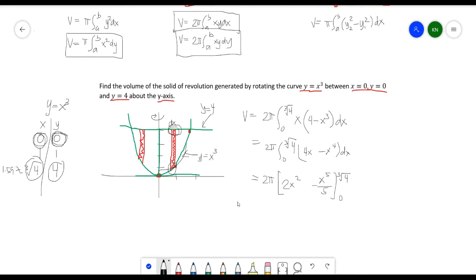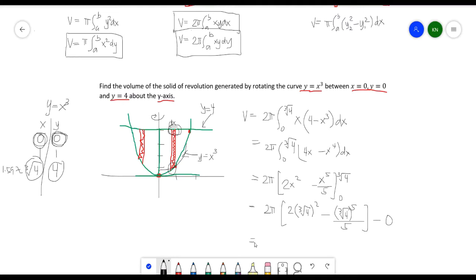Then substituting our limits, we have 2 pi times 2 times cube root of 4 squared minus cube root of 4 to the fifth all over 5, minus 0, since if you substitute our lower limit into our equation, it will come up to 0, so just simply put 0 there.